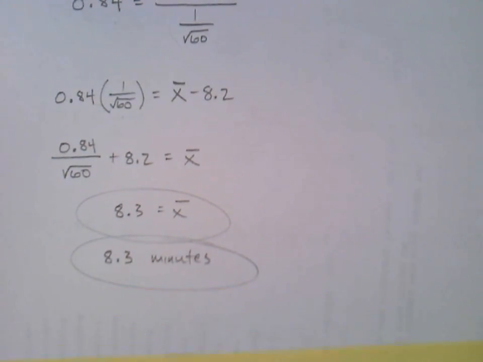You get the idea. All right, let's check out part B. I'm going to cover this up just for the moment while we read it. Find the probability that the sample mean is between 8.0 and 8.5 minutes.